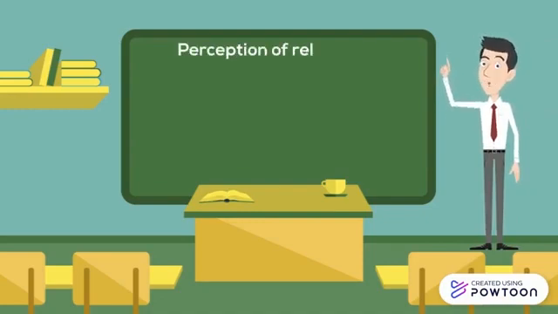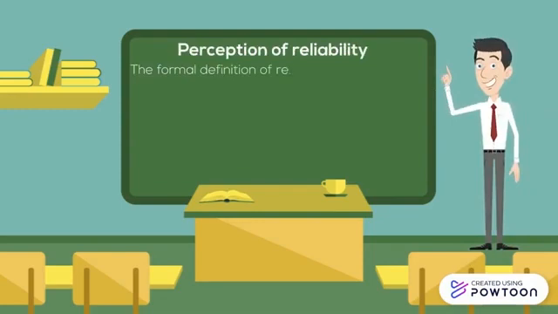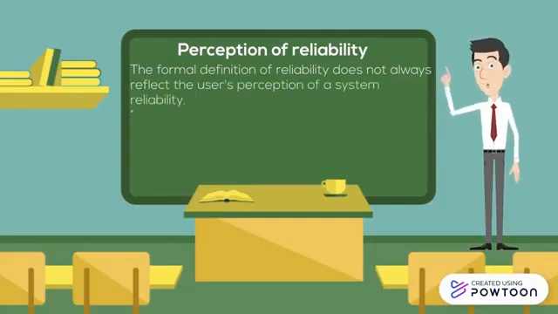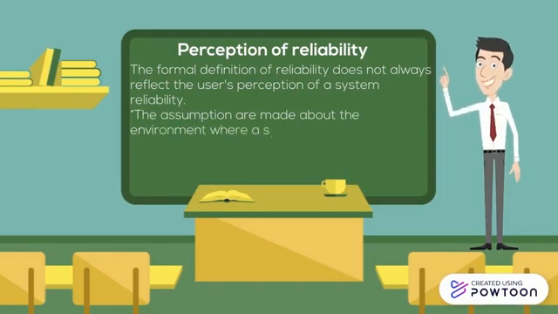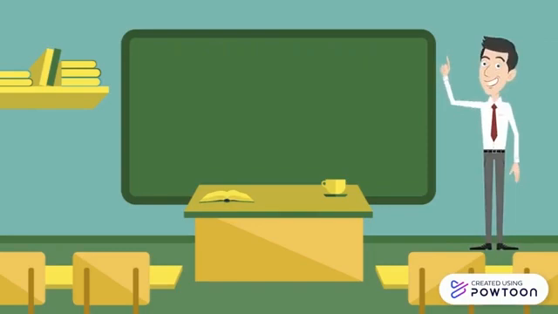Perception of reliability: the formal definition of reliability does not always reflect the user's perception of system reliability. The assumptions made about the environment where a system will be used may be incorrect.